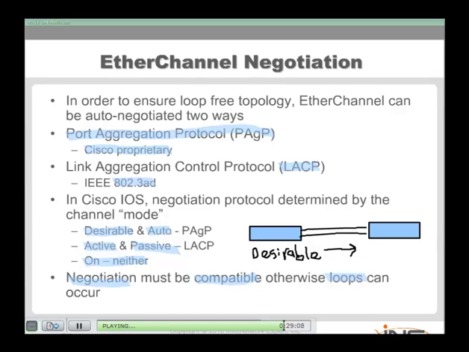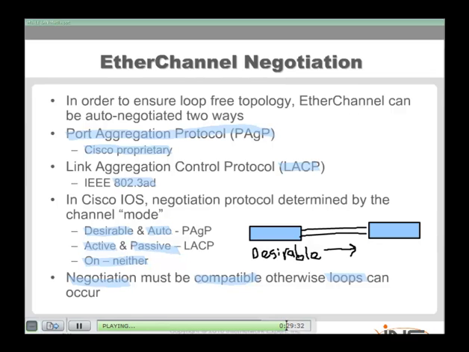If we manipulate something that impacts spanning tree protocol, it could mean that we introduce loops in the network. So we have to really watch out when we create these EtherChannels and make sure we're doing the modes correctly.